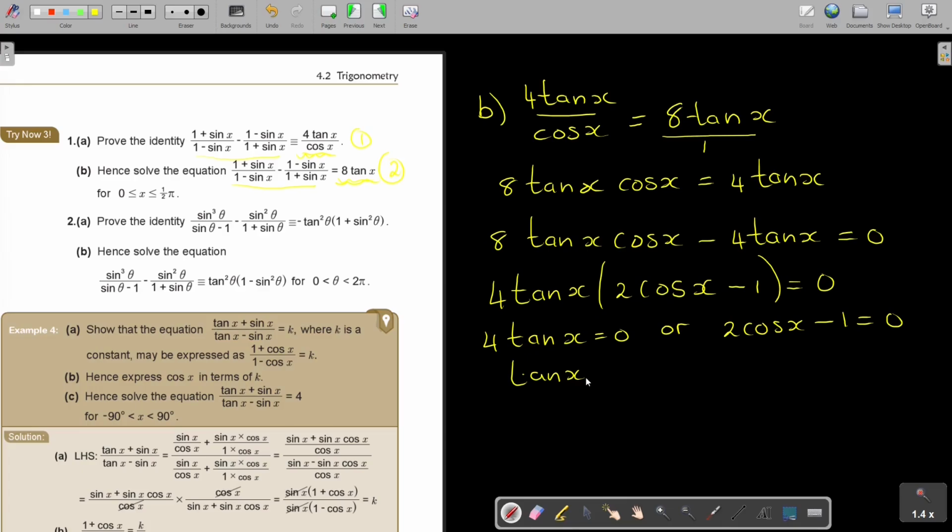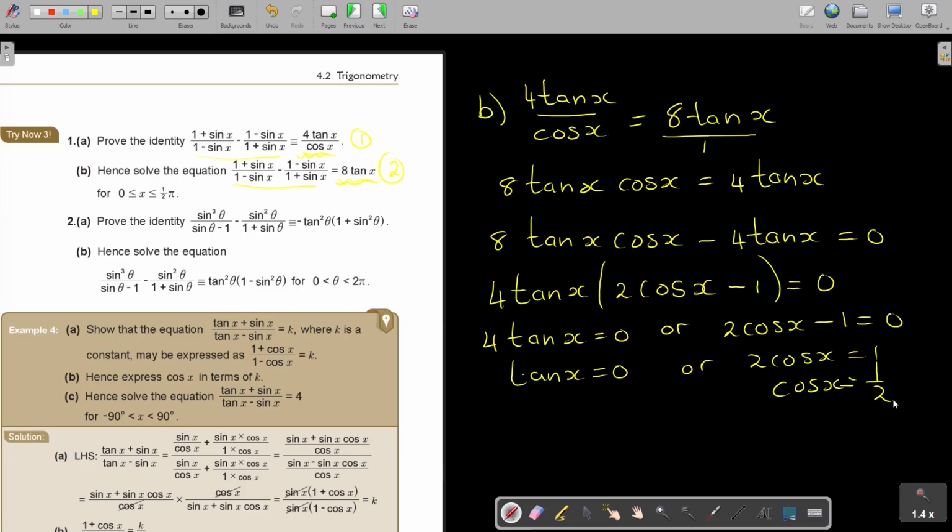So tan x is equal to 0. Can you see? Because I divide by 4. Or I can say 2 cos x equals 1, so cos x equals a half. So that's my two options. Now, if I'm looking at this, x is between 0 and a half, so it's only in the first quadrant.